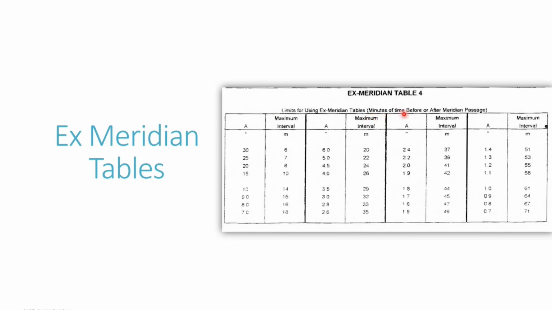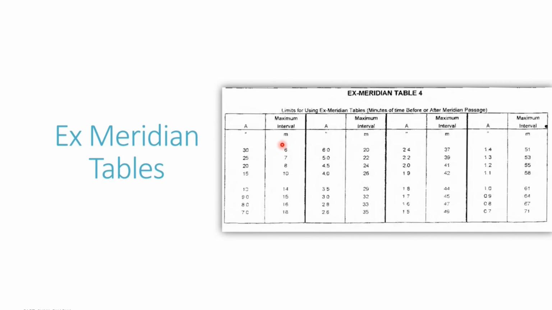The limit is in minutes of time before or after meridian passage. So you can see the factor A mentioned in this column, starting with 30, 25, 20, 15, so on, and going up to 0.7 in the last column. And with this factor, you have the maximum interval given in minutes of time.